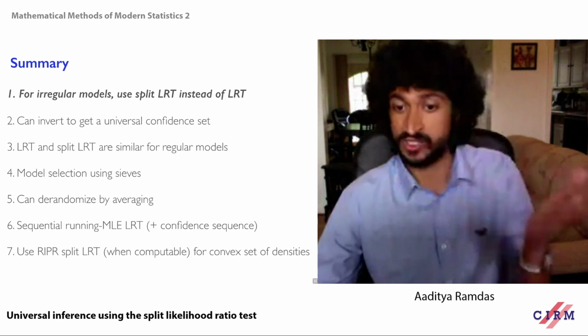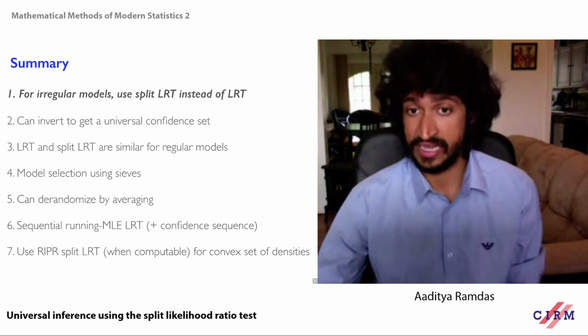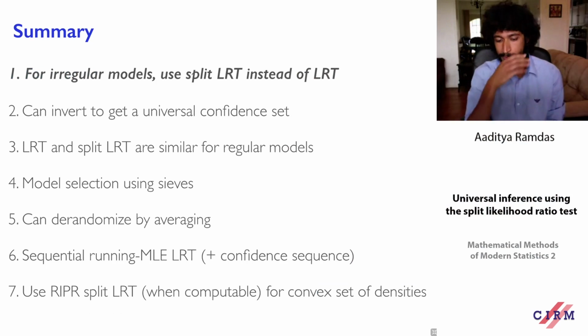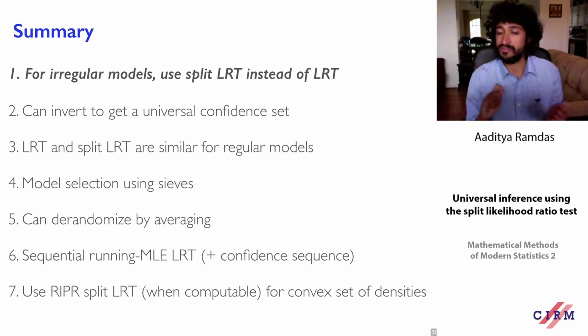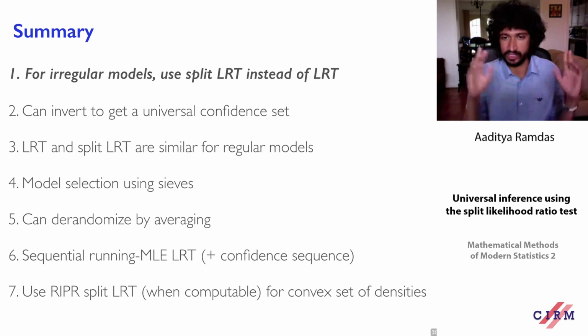Okay, so just to summarize again, for irregular models, we suggest that you use the split LRT instead of the LRT. We can invert the split LRT to get a universal confidence set. They're similar for regular models. They both shrink at a 1/√n rate. For the high-dimensional Gaussian case, at least, the universal set using our method is about 4 times larger than the usual LRT set.